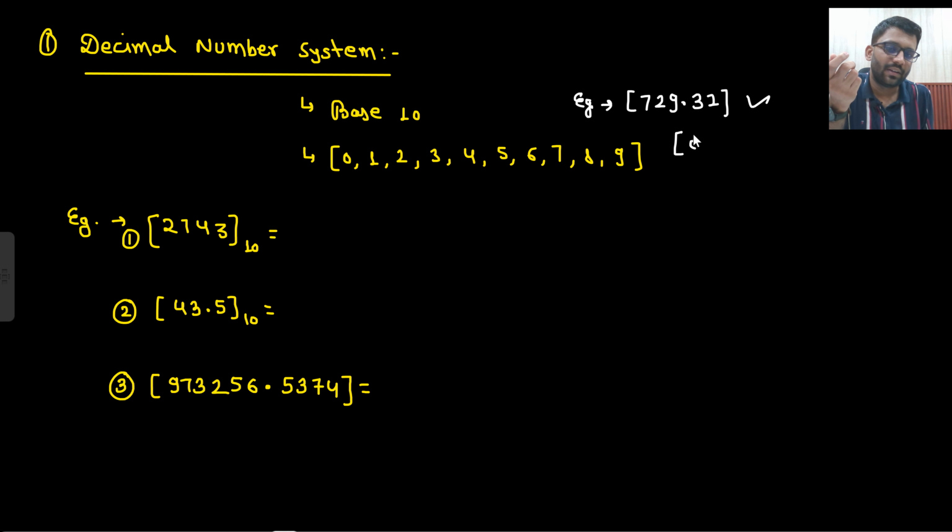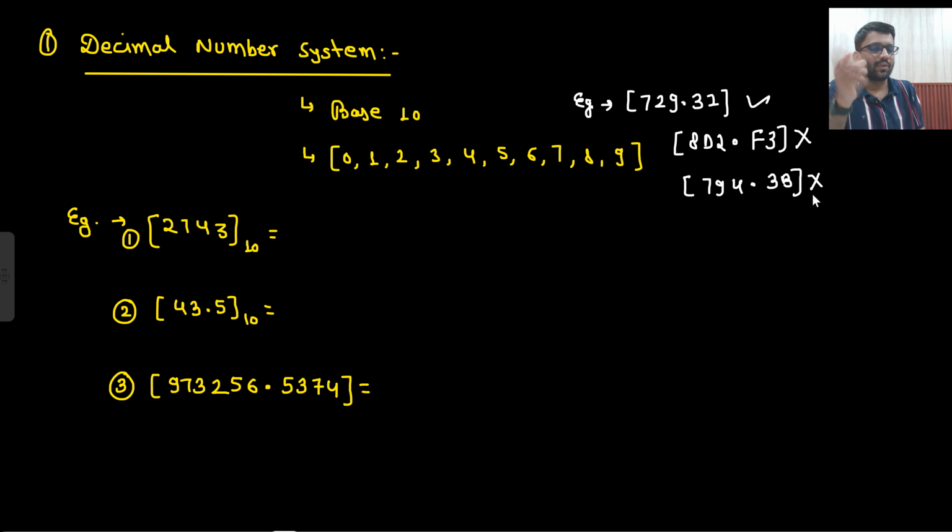But if I take 8D2.F3, this is not acceptable. If I take 794.3B, this will also not be acceptable because all the digits have to be in base 10. So with points as well, it will follow the same thing.